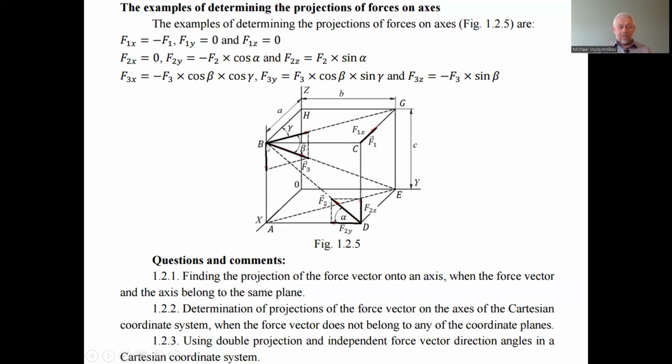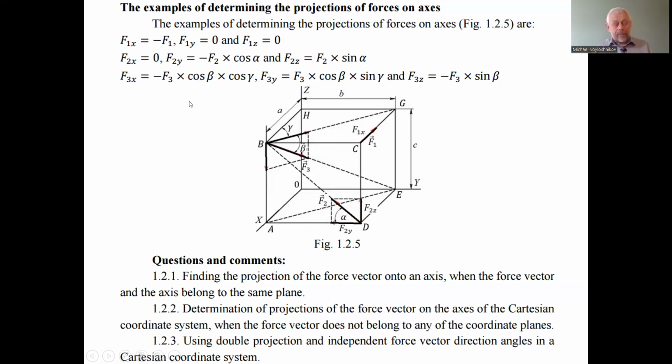And next we have the force F3. To find its projections, first we decompose the force F3 into two forces whose resultant is F3, one of them located in this parallelogram.